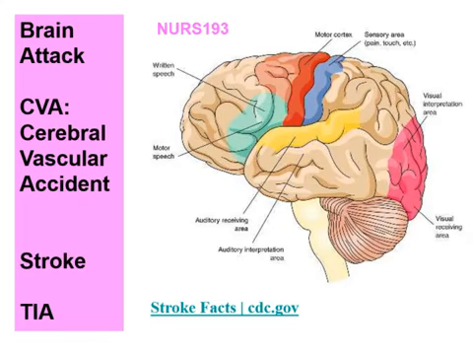So every year, almost 800,000 people in the United States have strokes, and about 610,000 of those are first-time or new strokes. So there's a lot of people having strokes every year.